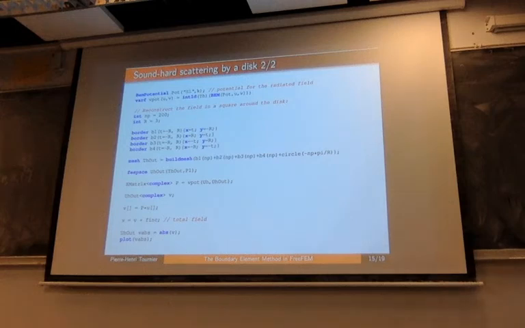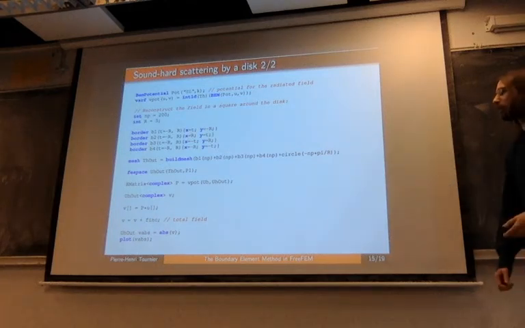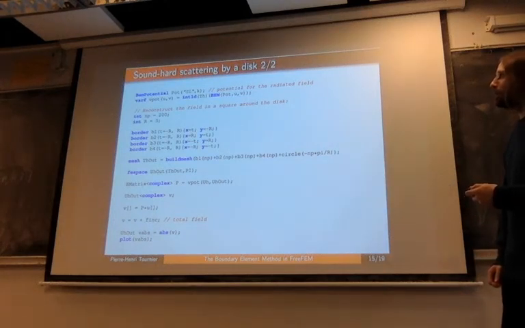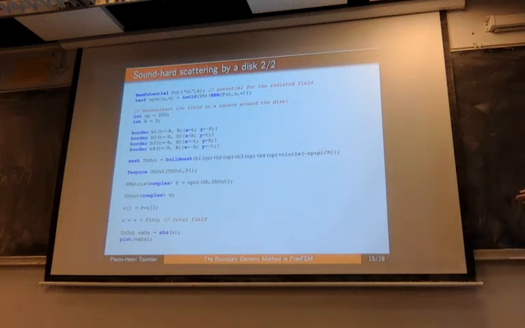And now if you want to reconstruct the field on a 2D domain that contains the circle, you define your single layer potential, and you write the variational formulation for the potential. For example, let's say I want to reconstruct the field in a square around my disk, a square between -3 and 3, and I remove the disk by adding this circle border, the same border that I defined my mesh with.